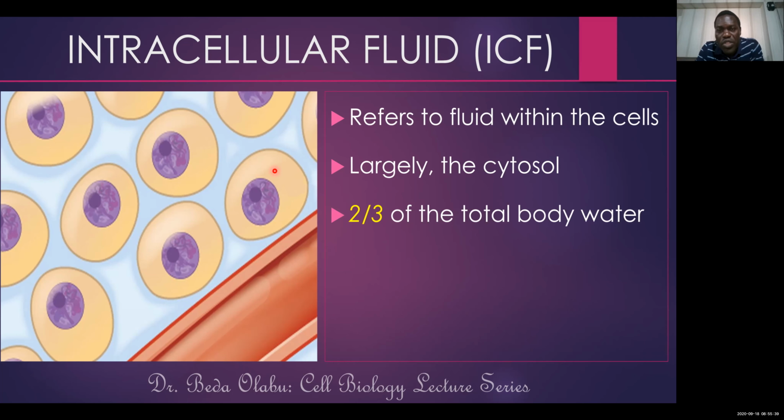Now I want to ask a question at that point then. We have said that the physiological weight of an adult male is 70 kgs. We have also said that the total body water for an adult male is 60% of the body weight.